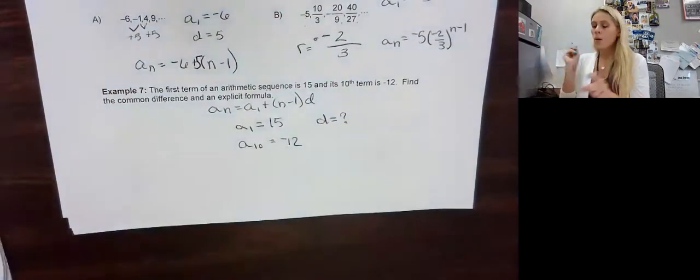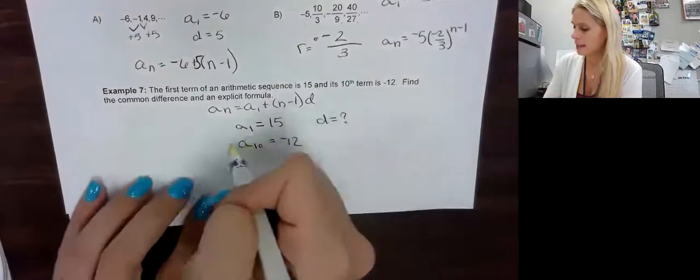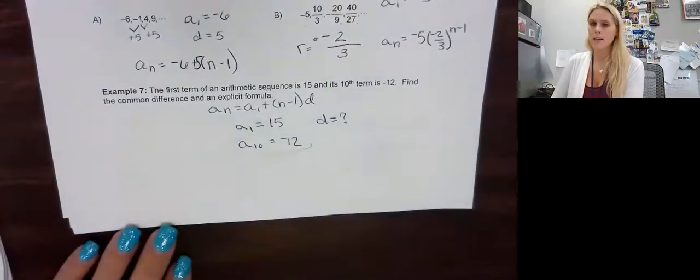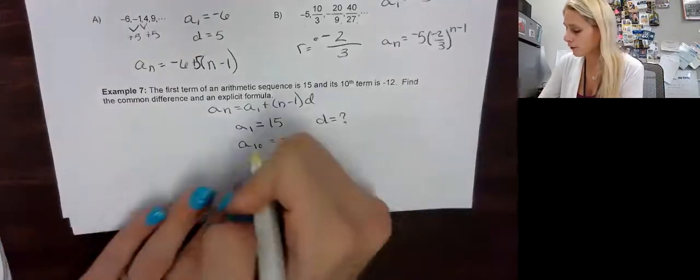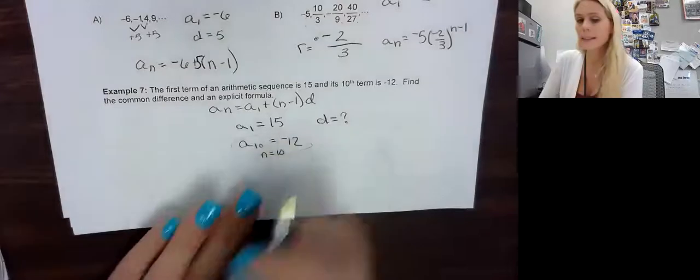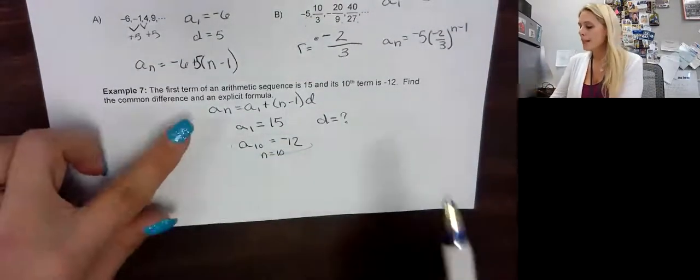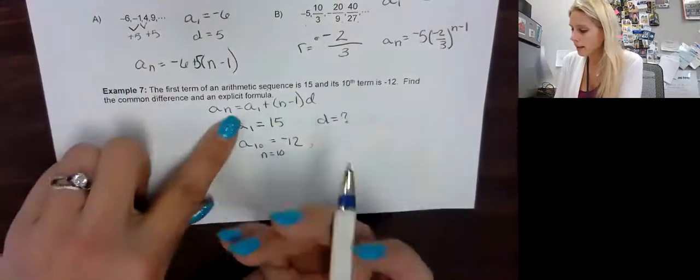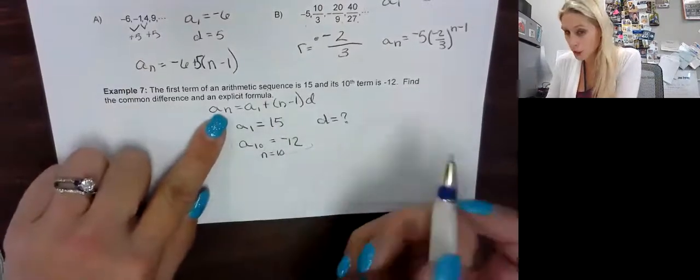All right, what I want to point out here is that a subset 10 equaling -12 means that n is 10. That is the biggest thing you watch out for. Because now when I plug it in, a subset n is a value.